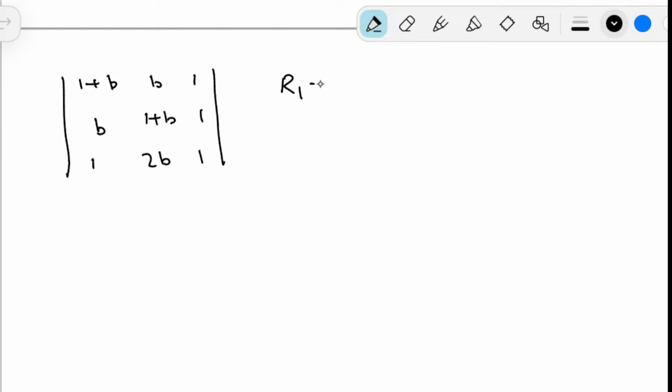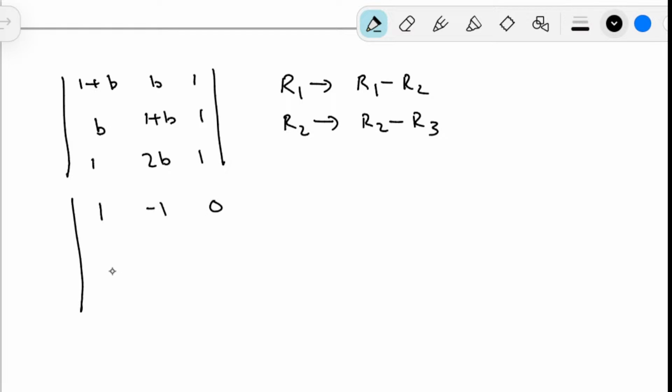R1 equal to R1 minus R2, R2 equal to R2 minus R3. So we can rewrite this as R1 is R1 minus R2. That's 1 minus 1 0.